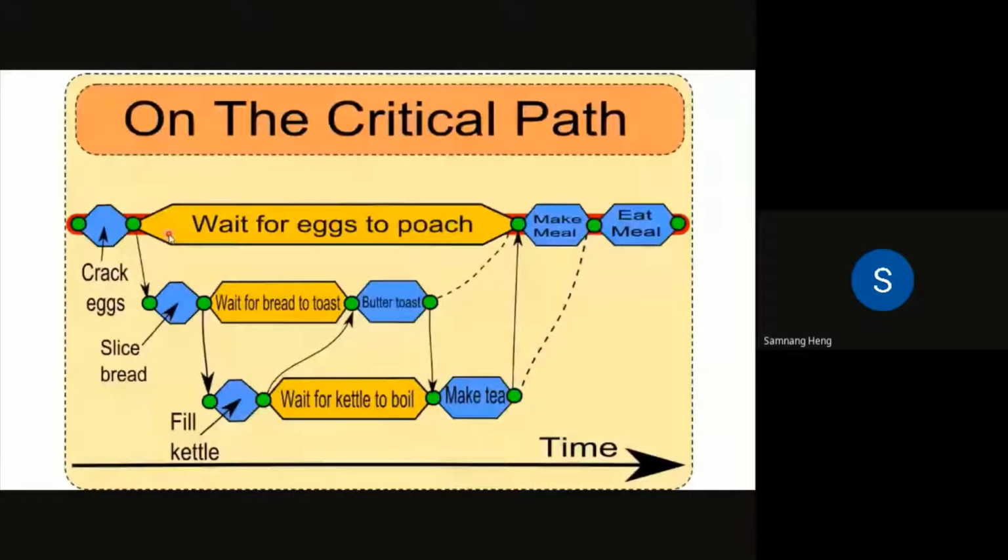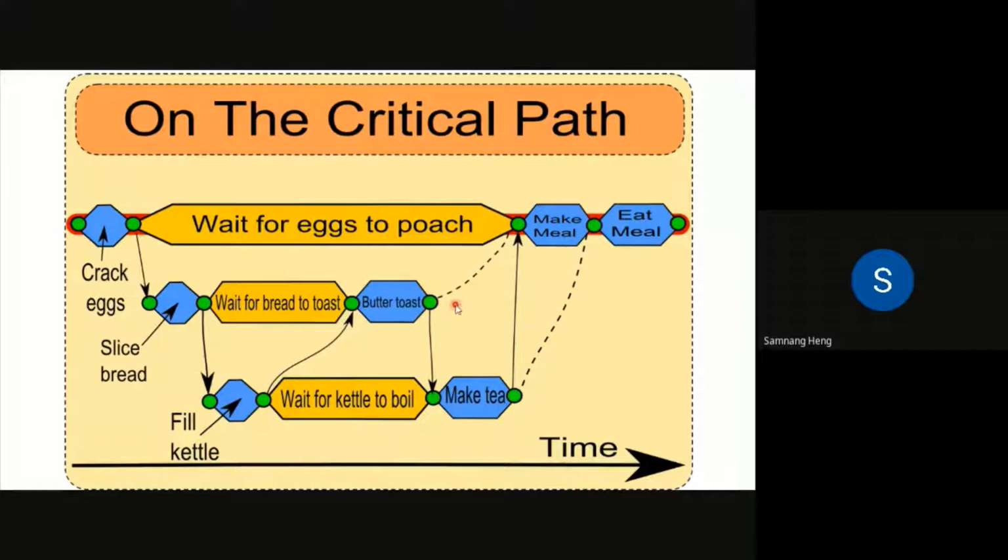So they wake up in the morning, crack the egg, and wait for the egg to be done for 5 more minutes. Then they want bread, so they slice bread, wait for the bread to get toasted for another 2 minutes, and then put butter on it for another minute.